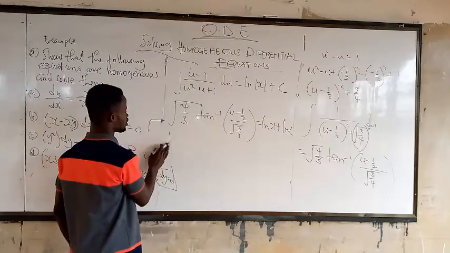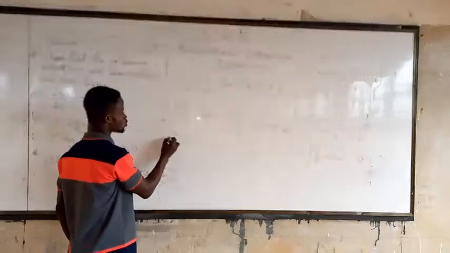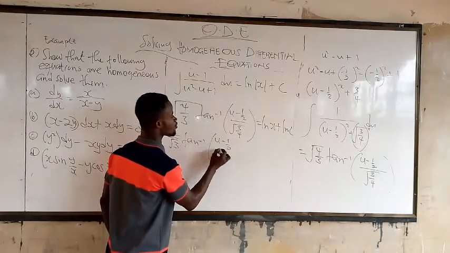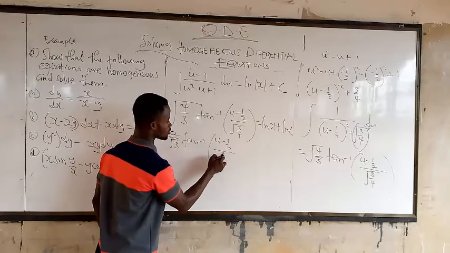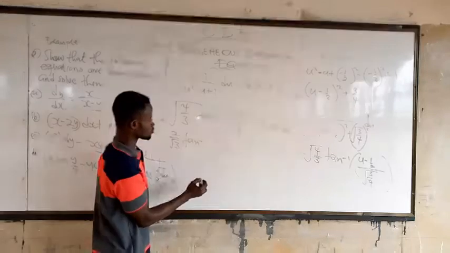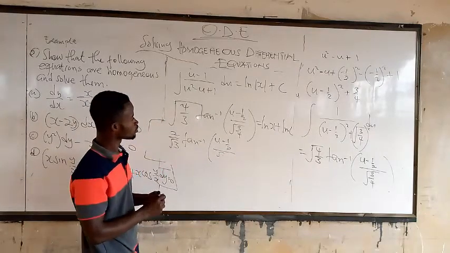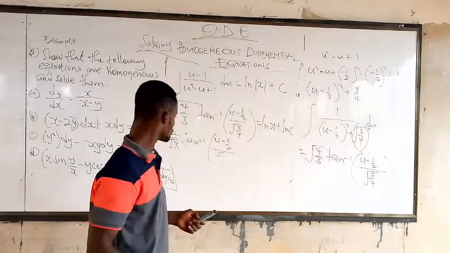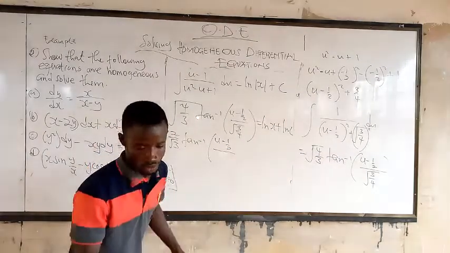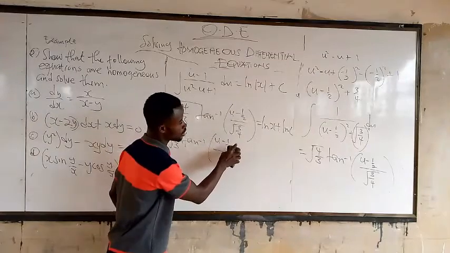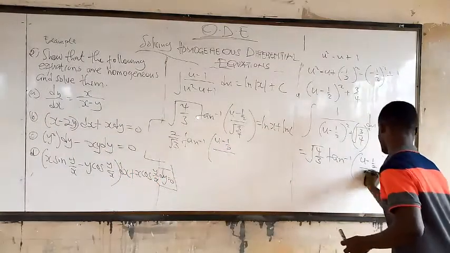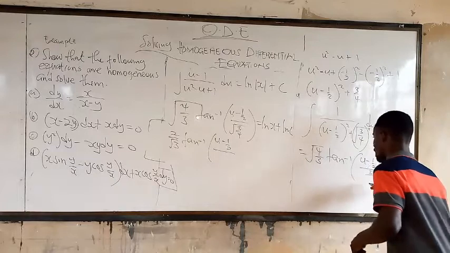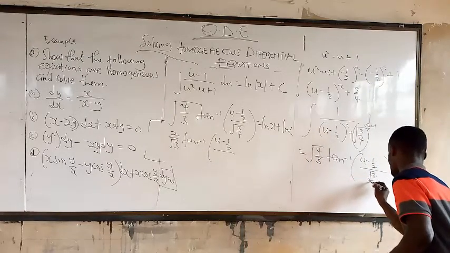And here we get 2 over square root of 3, tan inverse of (u minus half) over square root of 3 over 2.